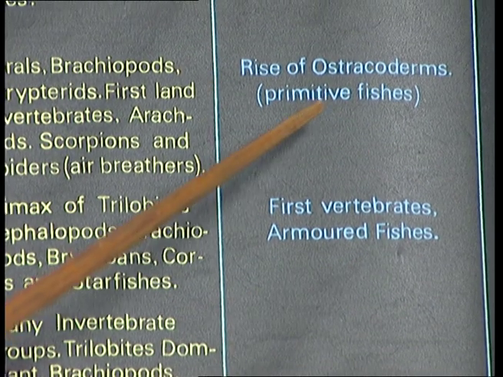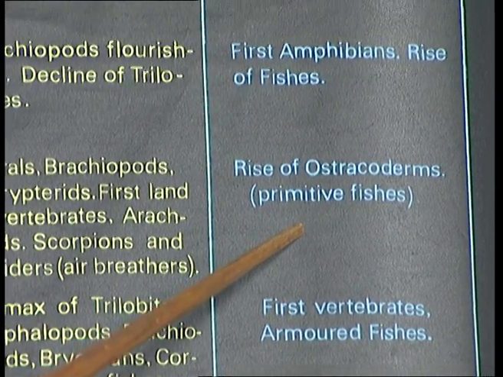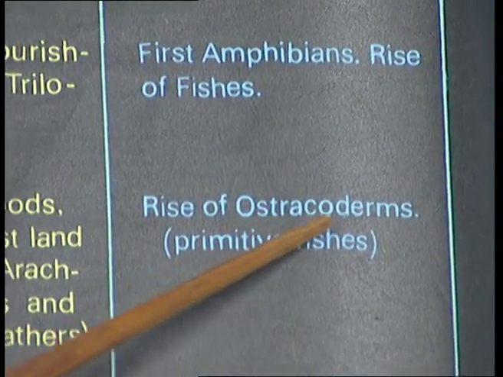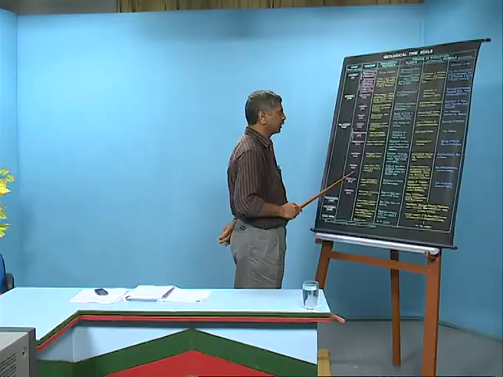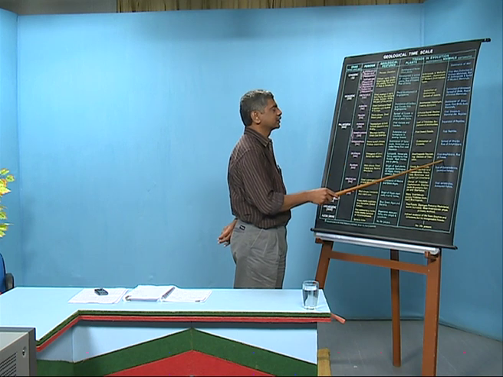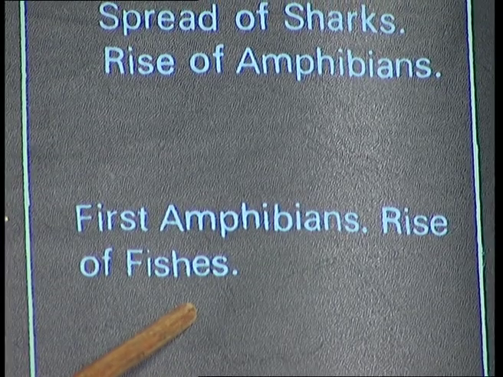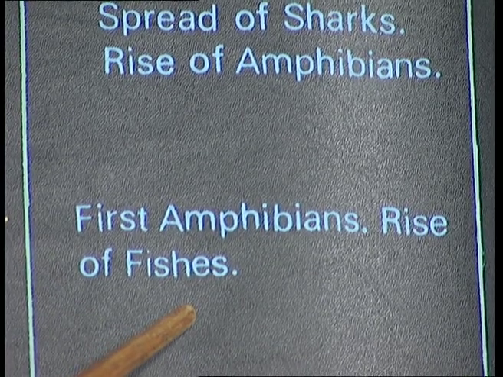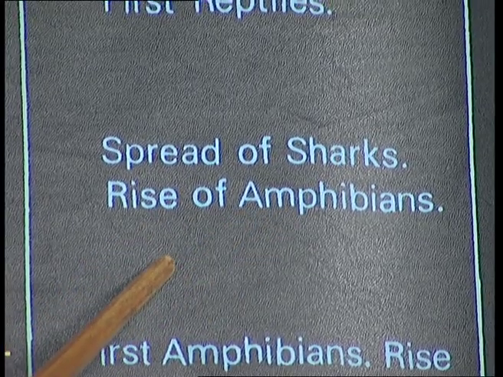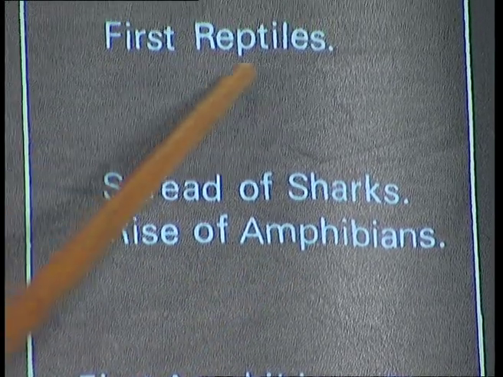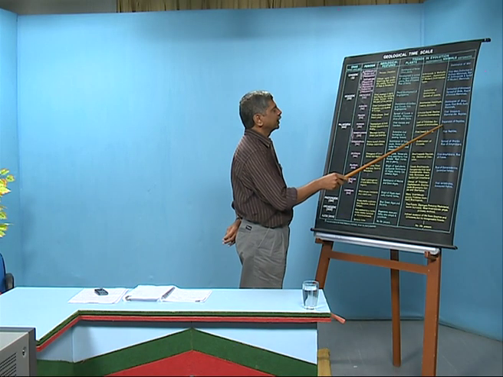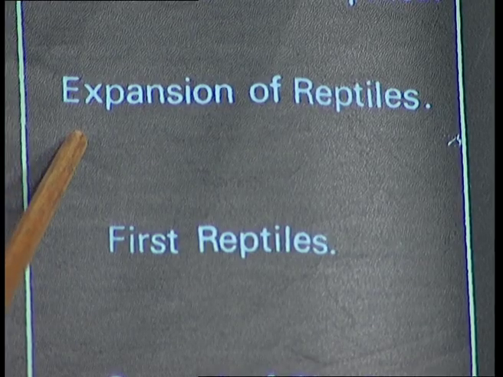During the Silurian times, there was a rise of ostracoderms, the primitive fishes. During the Devonian the first amphibians were identified and the rise of fishes also started. Then during the Carboniferous period, the spread of sharks, the rise of amphibians and primitive reptiles were identified. At the end of the Paleozoic, the vertebrate importance was the expansion of reptiles.